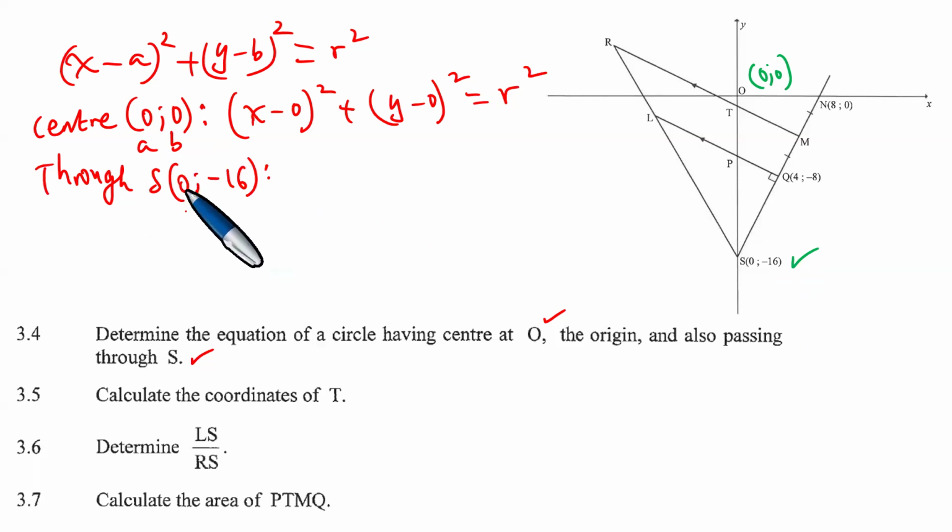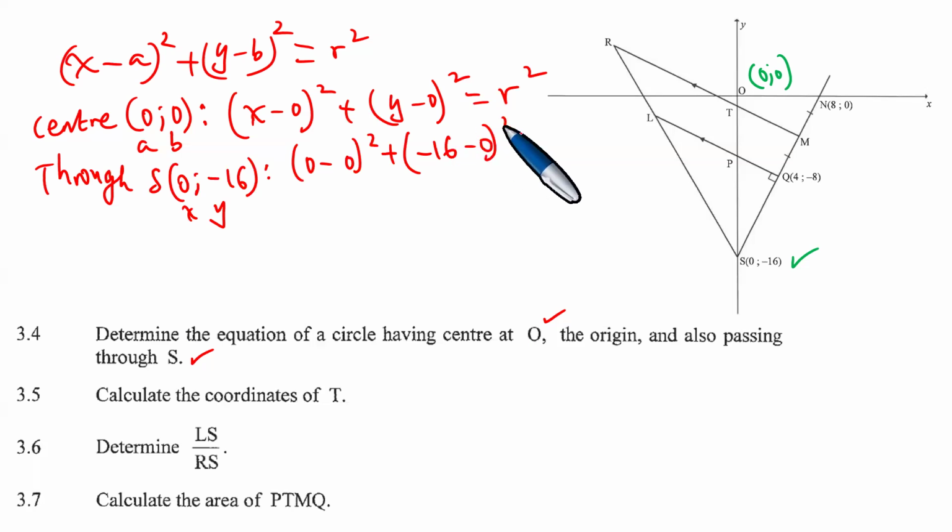And this point S gives us x and y, so that our x is 0 here and our y is minus 16. So now if you square everything here, we get 256 as the square of the radius.